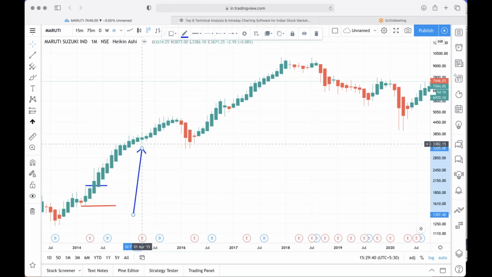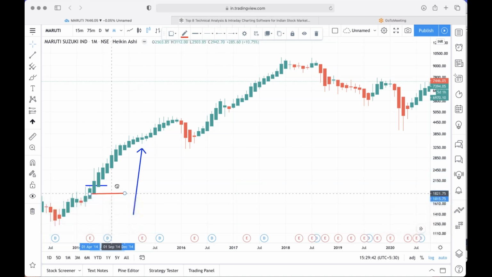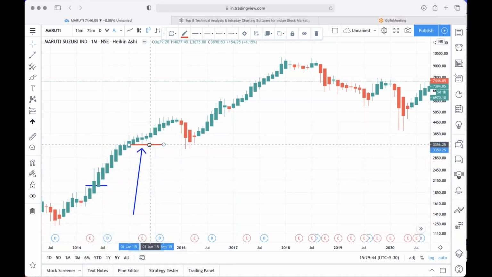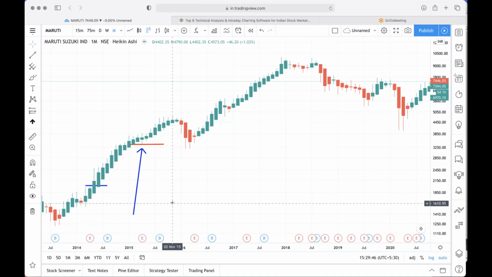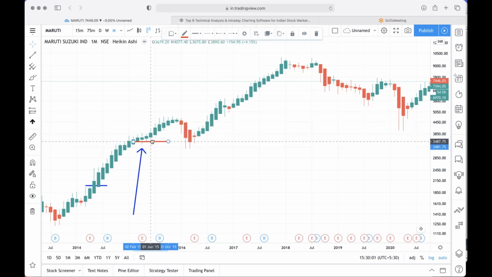The moment I get a new lower shadow, I revise my stop loss up to this lower shadow, because my previous stop loss was this lower shadow. And after that, I got this lower shadow. In between, there is no lower shadow. So I did nothing. The very next month, there was another lower shadow, which was higher. So I revised it. Then next 3 months, there was nothing.